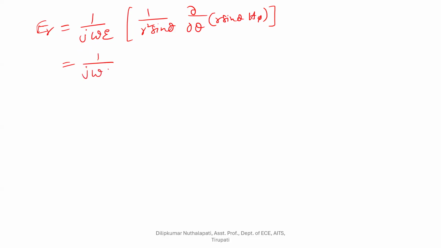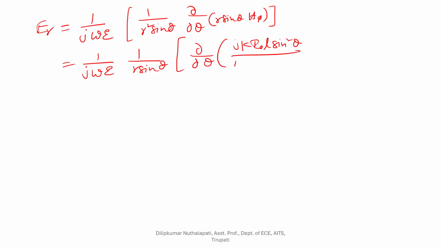Then we get 1 by j omega epsilon into 1 by r sine theta dou by dou theta of j k I naught L sine square theta divided by 4 pi r into 1 plus 1 by jkr into e power minus jkr. This is the term we get.